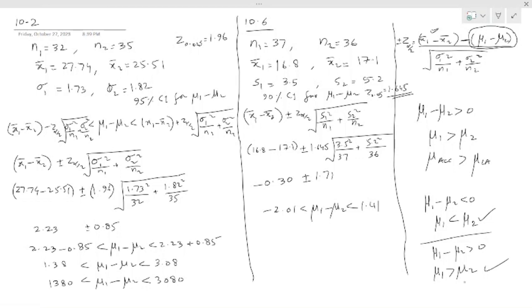These two findings are in contradiction with each other. Therefore, we can't say whether program 1 is effective or program 2 is effective. This is how we do it. That's the end of the large sample based CI lecture.